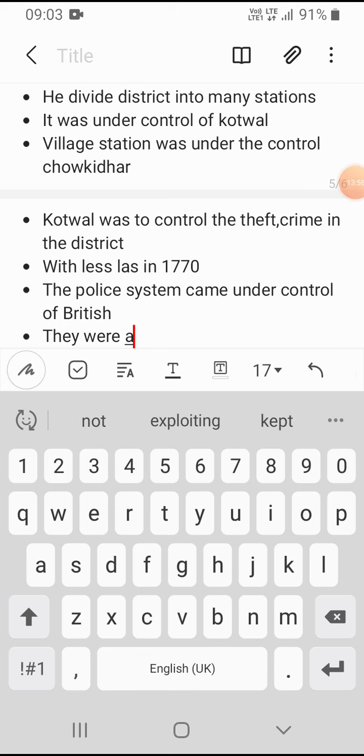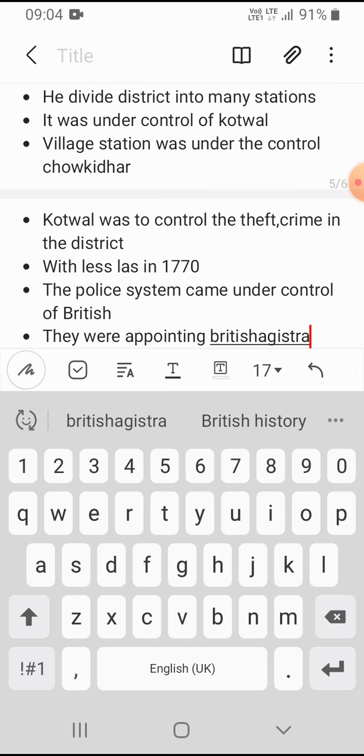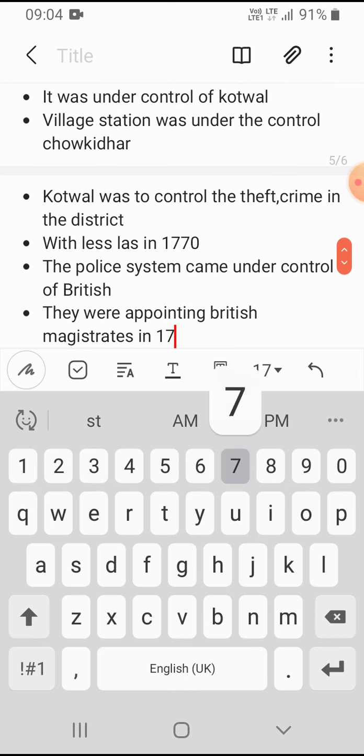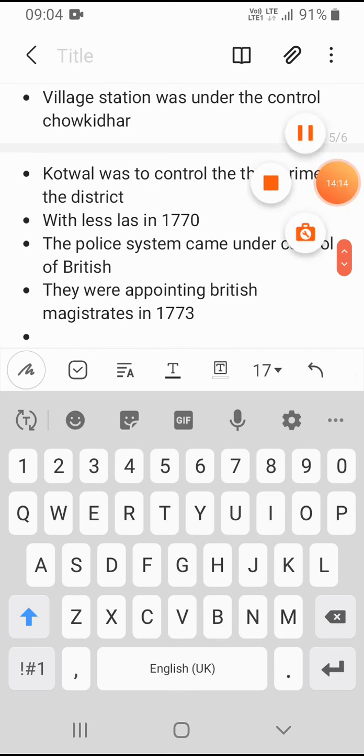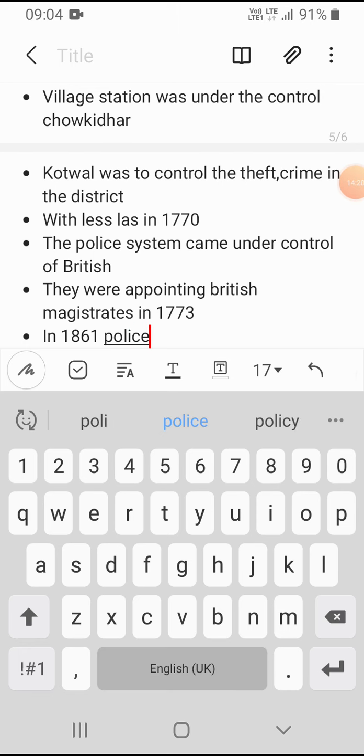The British were appointing British magistrates in 1773, and in 1861 the Police Act was implemented.